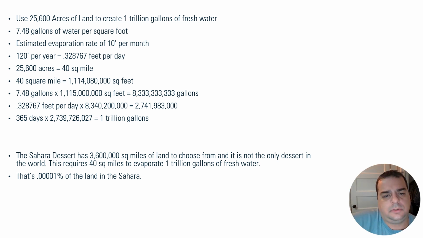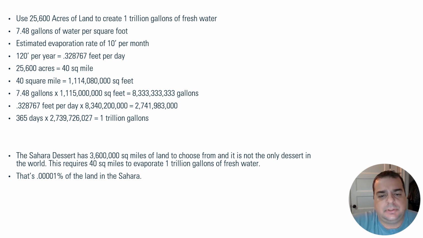That'll be your amount per day over this landmass. And then per year, you have to times it by 365 for each day, gives you 1 trillion gallons.